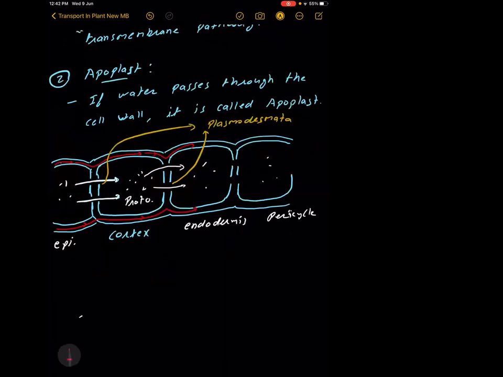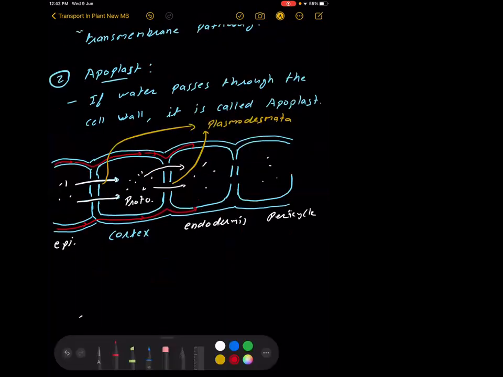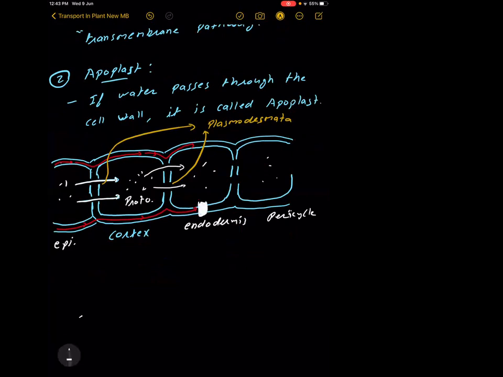In the endodermis, there is a structure called the Casparian strips. Casparian strips are found in the endodermis of roots, not in stem. These Casparian strips do not allow water through the cell wall.